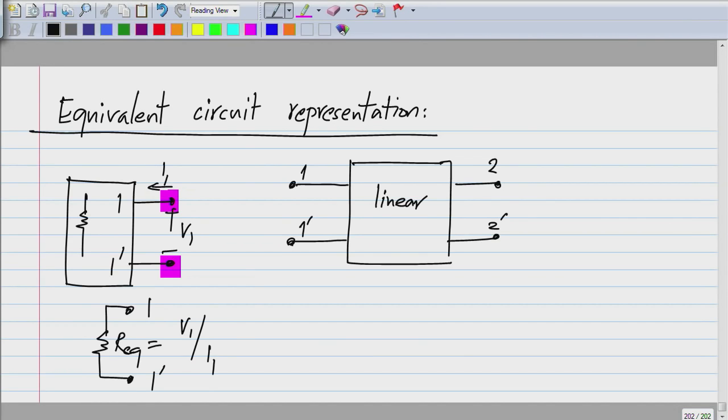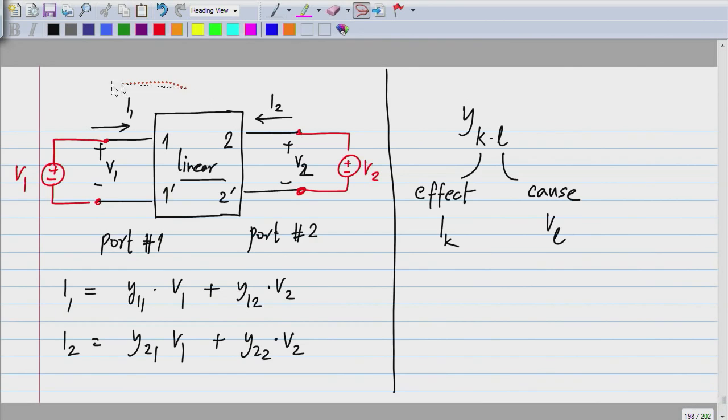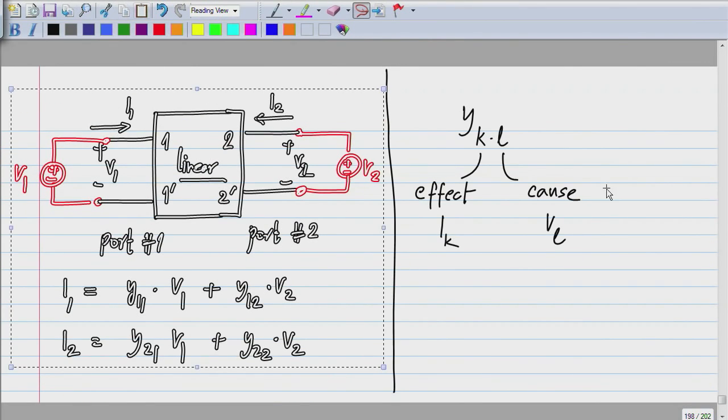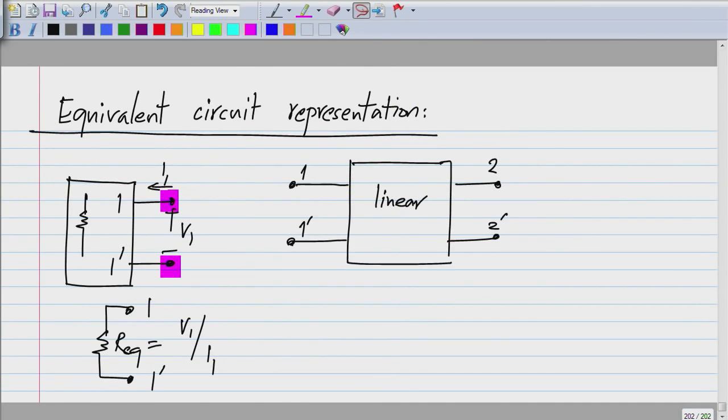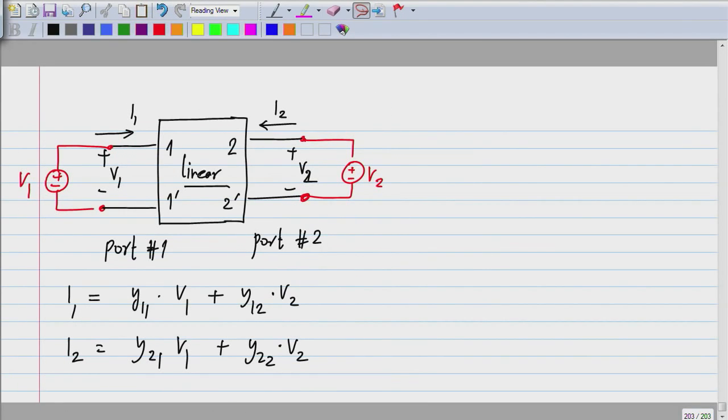So what is that going to be? Let me copy over this part of it. So let me take each term one by one and then try to make a representation.